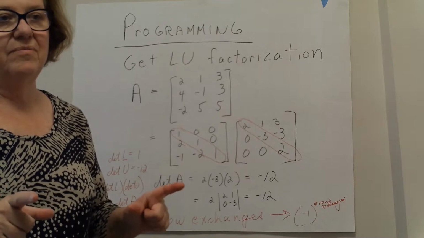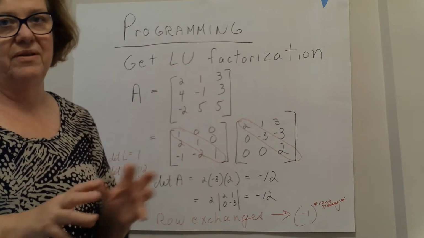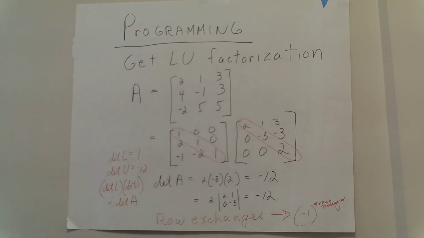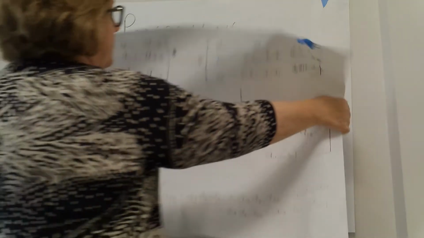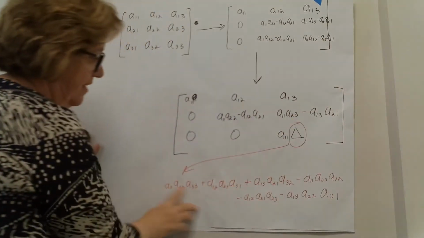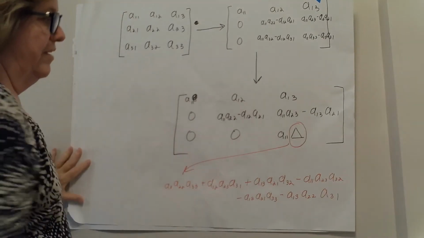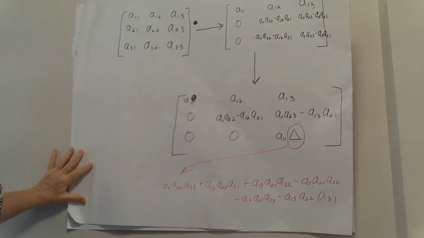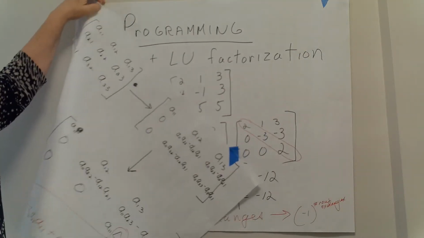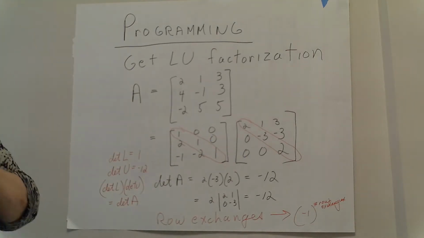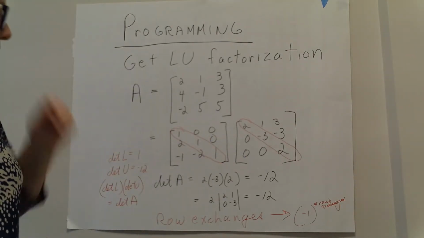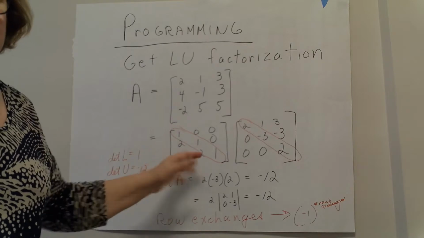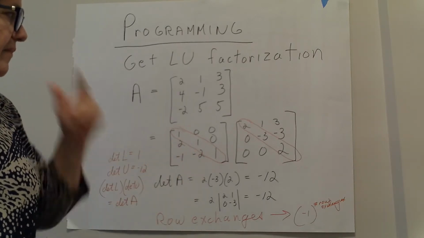Strang describes the long formula, which looks like this, where it's just a string of products, but it can be rewritten as a cofactor expansion.